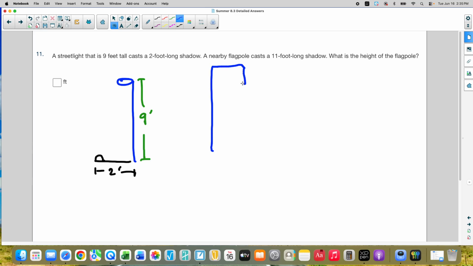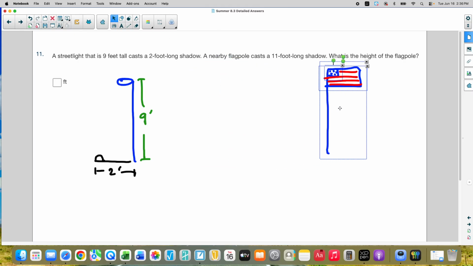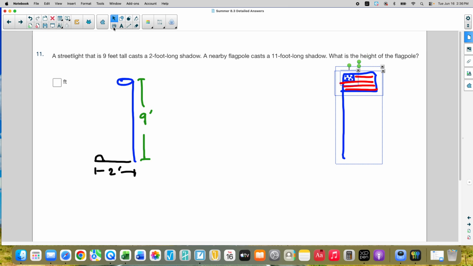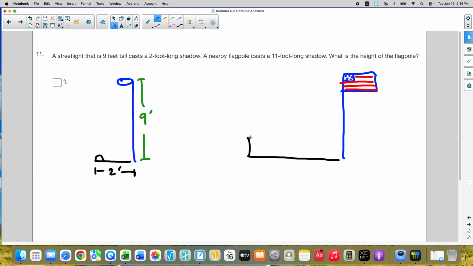casts a shadow. So that shadow is, let's move that flagpole. So that shadow is 11 feet long, and it says what is the height of the flagpole.